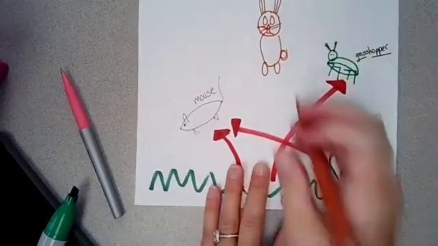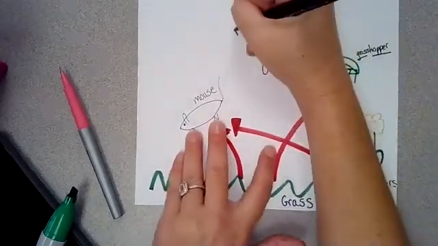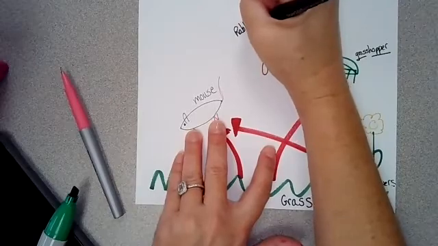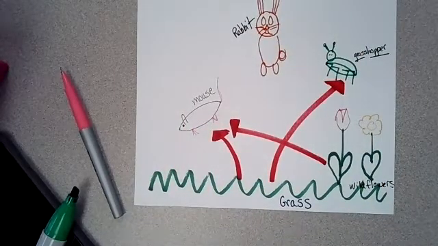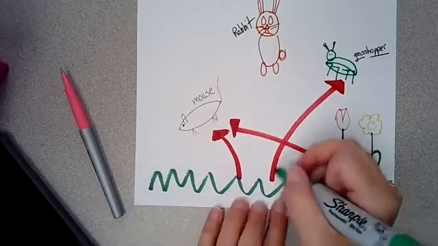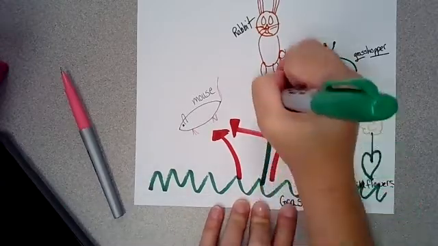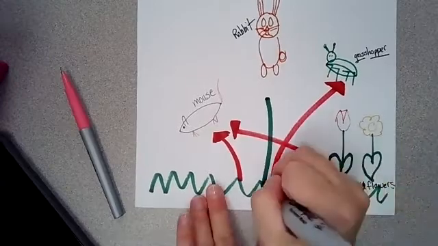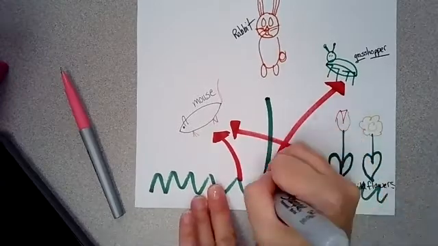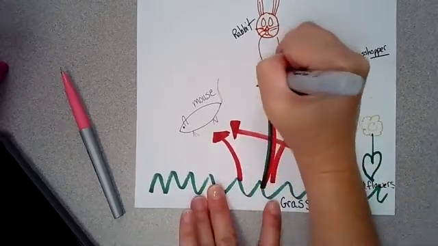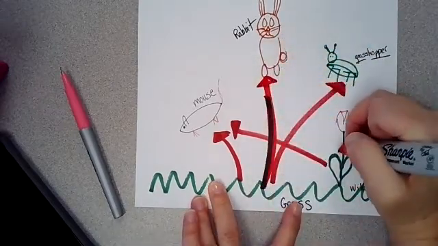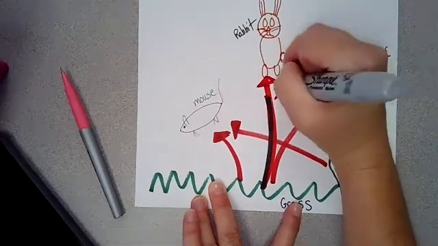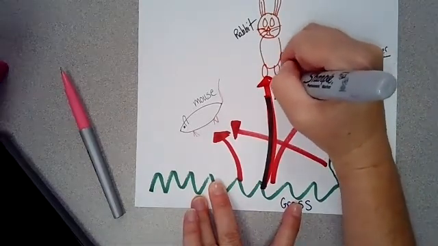This is a rabbit. Now the rabbit eats the grass. I'm going to do it in red. I'm going to draw the arrow going into the rabbit from the grass, and the rabbit also eats the flowers.